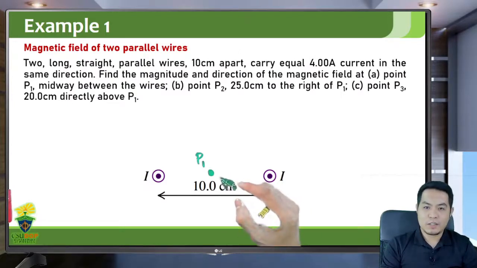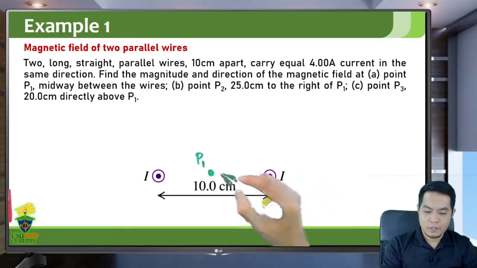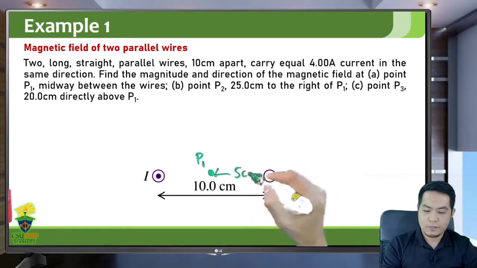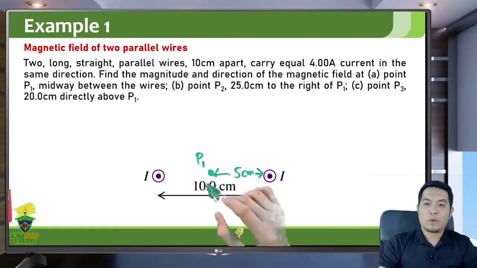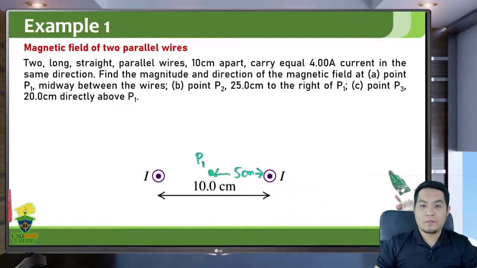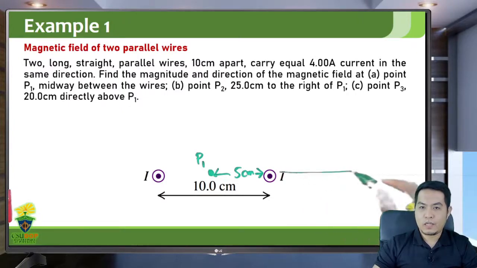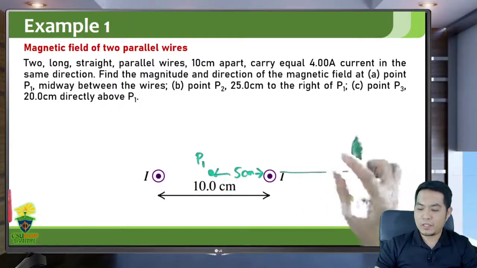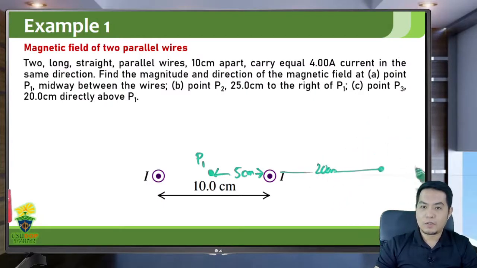Since the wires are 10 centimeters apart, this is 5 centimeters, and 25 centimeters to the right of P1 means you measure another 20 centimeters, and this is the location of your P2.